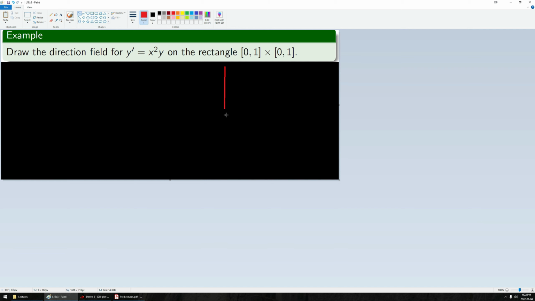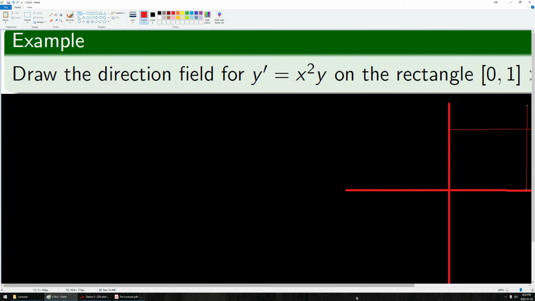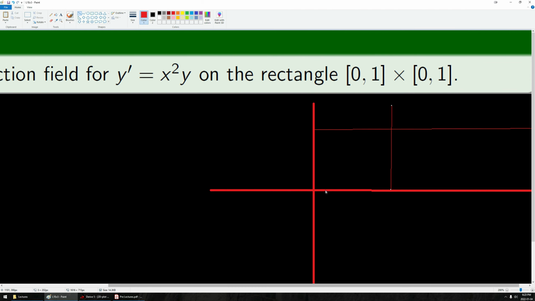Let's put our xy axes, and then with these axes, I'll put little notches on the rectangle that I'm interested in working on. Let's say this thinner line here is going to be my up to 1, and we'll call this line here my 1. Here I didn't specify how many intervals to show, so let's just do, say, 2.